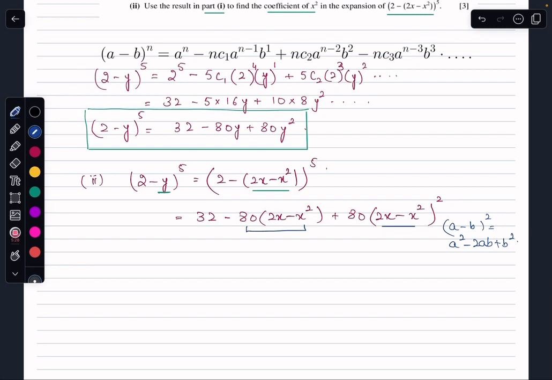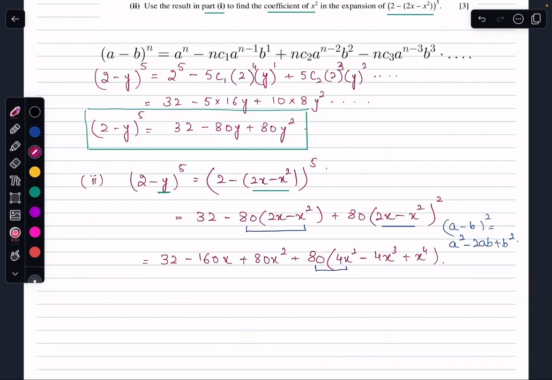So let's do the solution first. This is going to be 32 minus 80 times 2x, that will give me negative 160x, and then plus 80x squared. And then here it's going to be 80 times 4x squared minus 4x cubed, and then x to the power 4. Only if I multiply this 80 by 4x squared, I should be getting the coefficient of x squared.